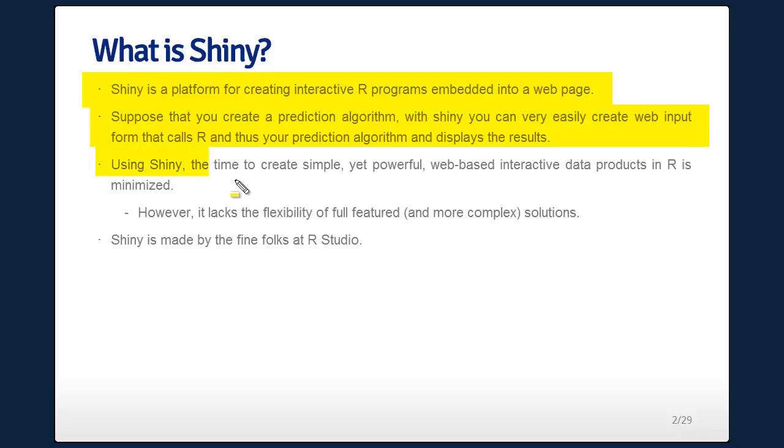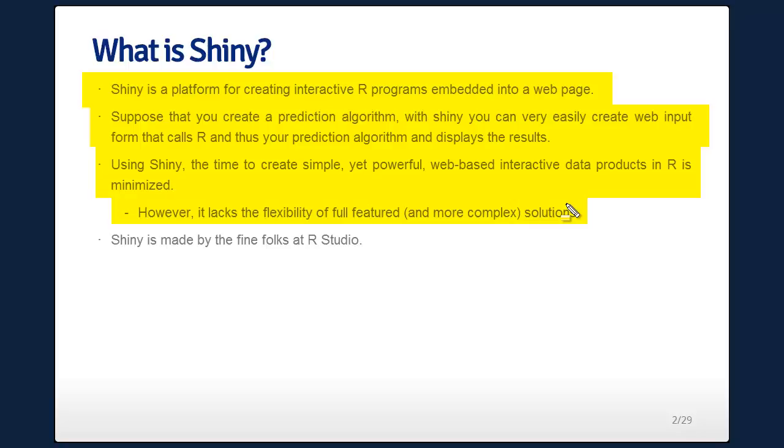So anyway, using Shiny, the time to create simple yet powerful web-based interactive data products in R is minimized. It lacks the flexibility of full-featured and complex solutions where you create a full web interface from scratch and call servers that you've designed.